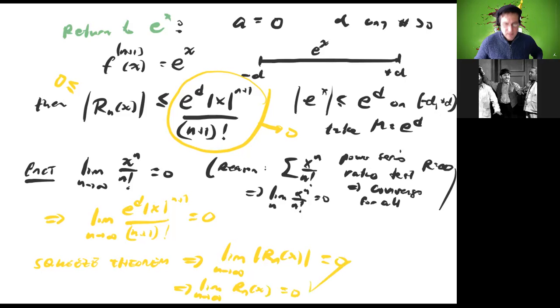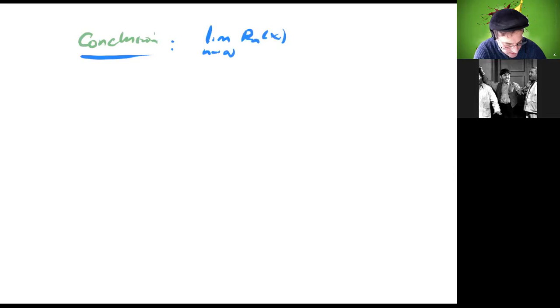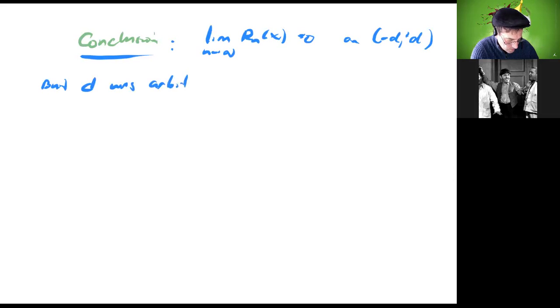And so what is the conclusion? The conclusion so far is that the limit as n goes to infinity of Rn of x equals 0 on the interval minus d to d. But d was arbitrary, it was any number you gave me.